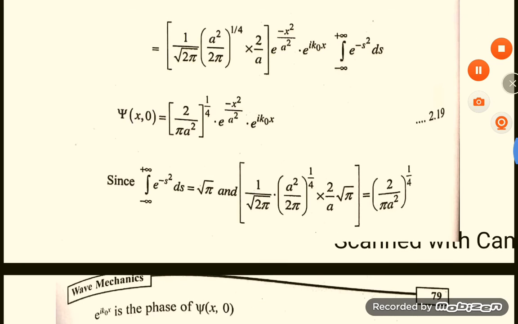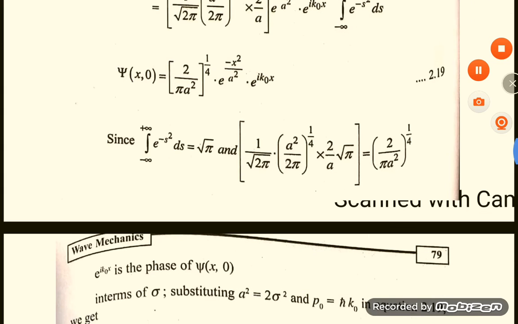So the integral from minus infinity to plus infinity of e power minus s square ds is equal to root pi, and 1 by root 2 pi (a square by 2 pi) whole power of 1 by 4 into 2 by a into root pi is equal to (2 by pi a square) whole power of 1 by 4.